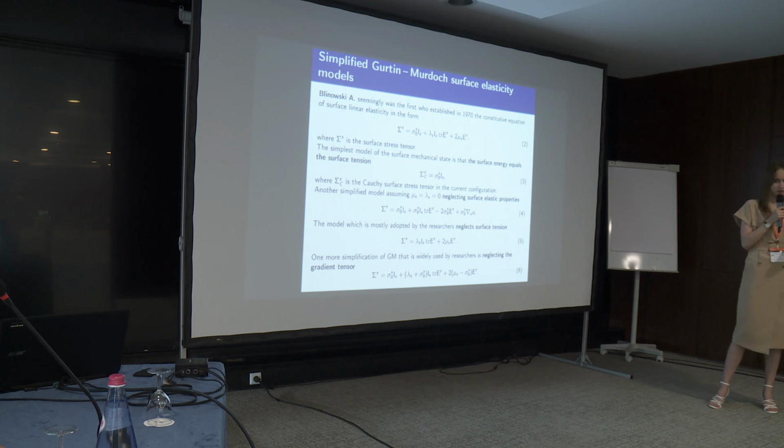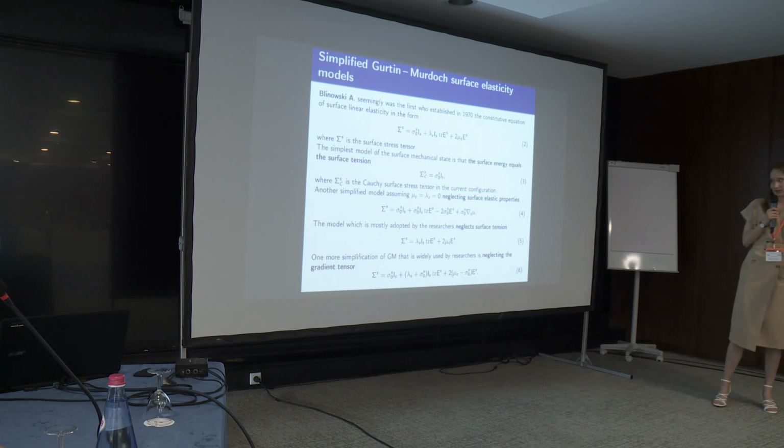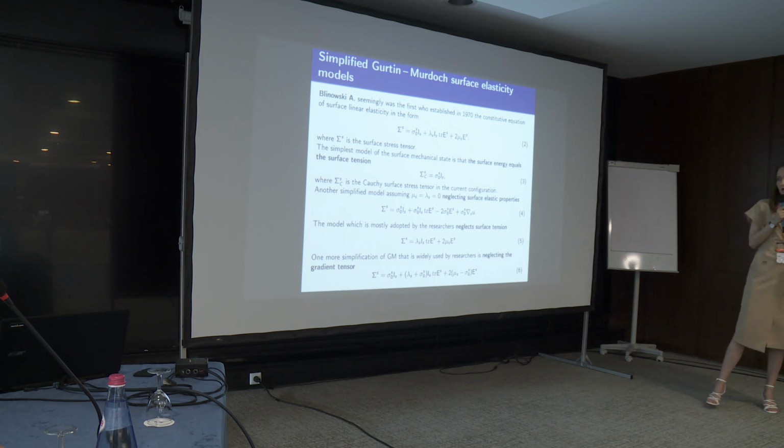There are a lot of examples in the literature from many others. Also, the fifth and the second models are the most popular in the literature. In the sixth model, we neglect the gradient tensor, for example in the works of Professor Gutkin's group.